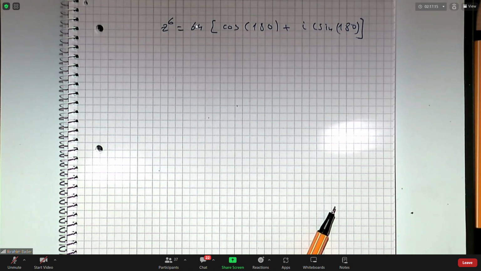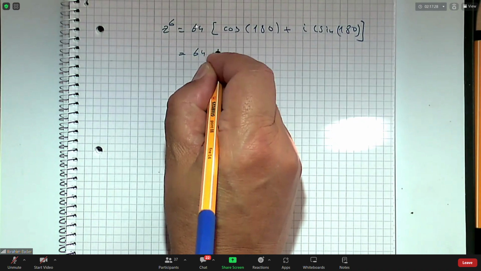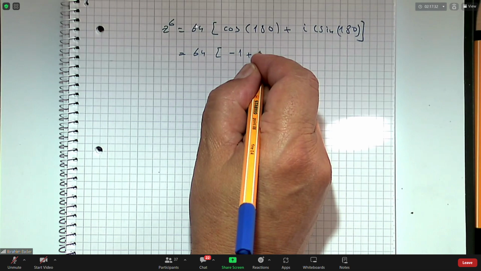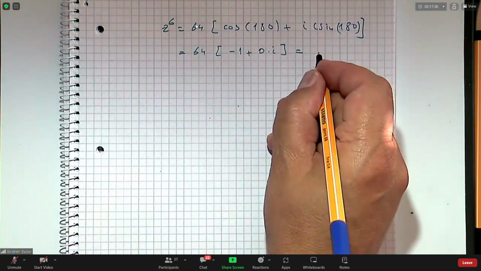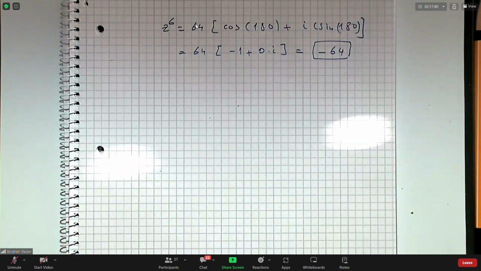Your colleague online is saying -1 is cosine, right? So 64 times -1 plus 0, and this is -64. So you see how easy it is to get.